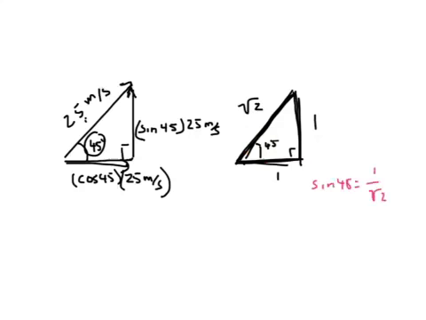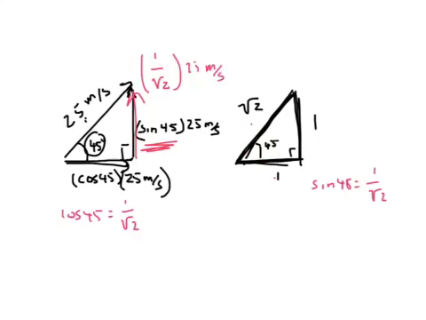The cosine of 45 is also 1 over the square root of 2. So this component on this side is equal to 1 over the square root of 2 times 25 meters per second. Now notice that is equal to 25 over the square root of 2 meters per second.